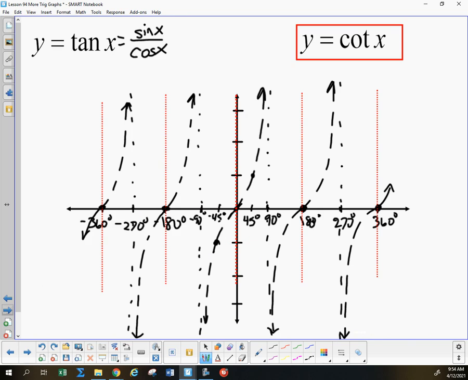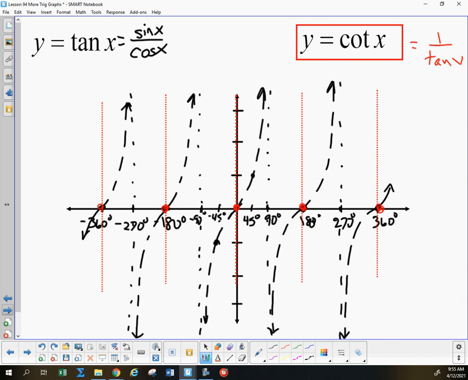So now let's do the cotangent one, and so I've already drawn tangent in here with my dotted lines. I have also said, oh, the tangent graph touches or crosses the x-axis here, and here, and here, and here, and here, so I have these vertical asymptotes.